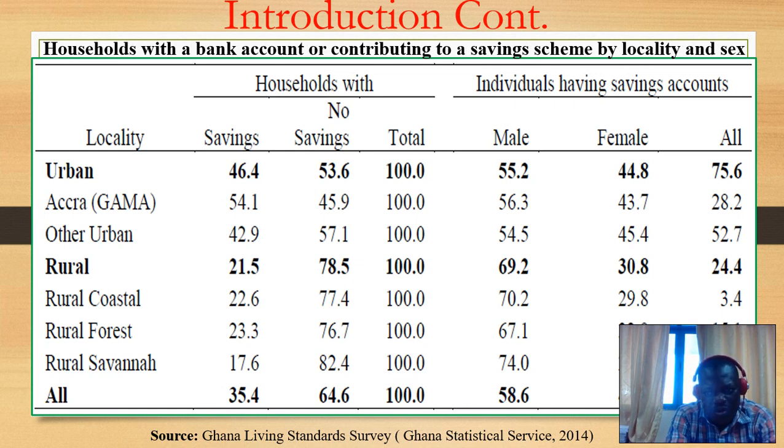So in all, only 28.2% of combined individual having savings account in other urban areas.